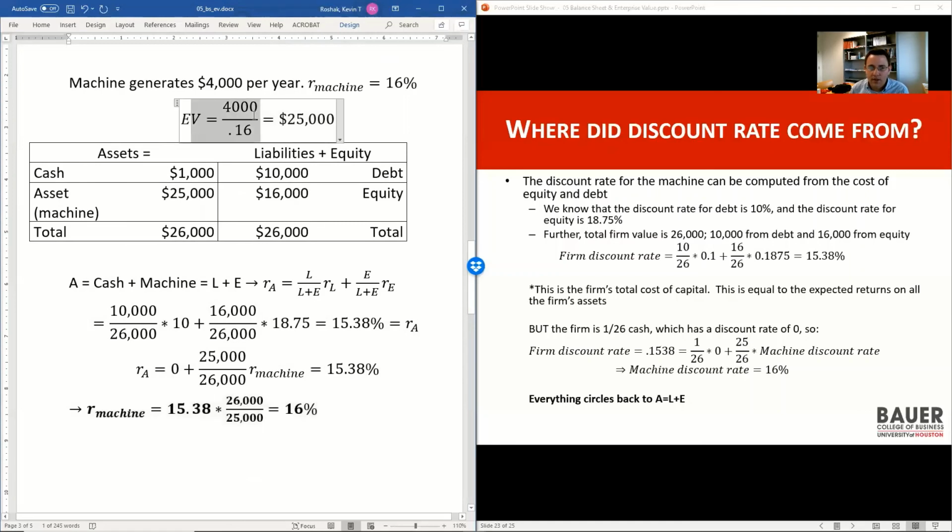The operations are earning 16%, so therefore they're worth $25,000. That's consistent with the debt earning a 10% return and the equity earning a 18.75% return, right? It's all got to be consistent. Okay, so again, everything circles back to this balance sheet identity. And again, if it's fuzzy, don't worry about it. We're going to see this much more going forward.